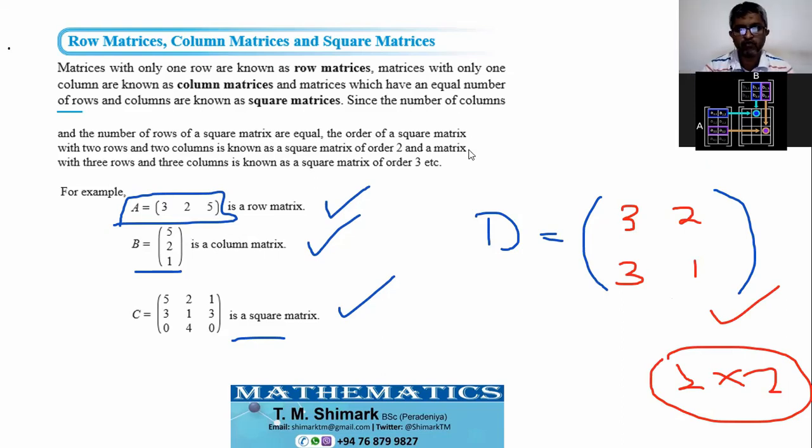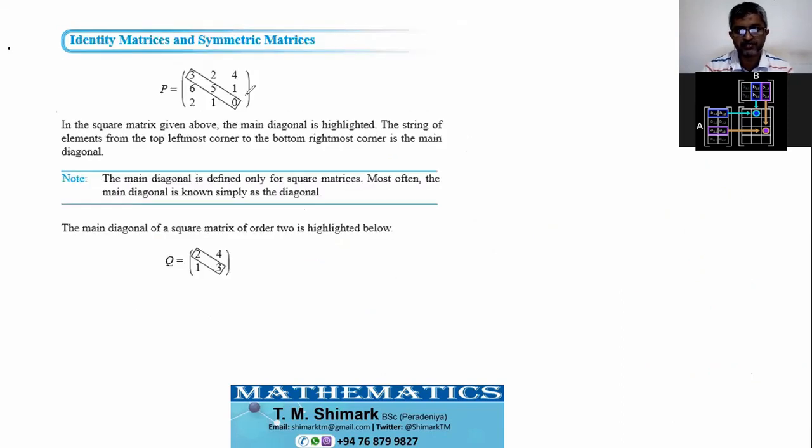Now we have one more thing about this. We have identity matrix and symmetric matrices, and then we have the diagonal. We get the diagonal only on square matrices. So diagonal is defined only for square matrices.